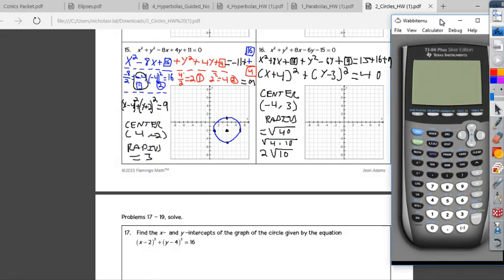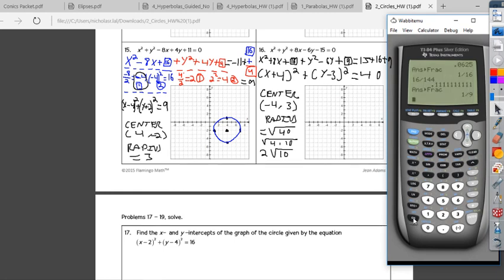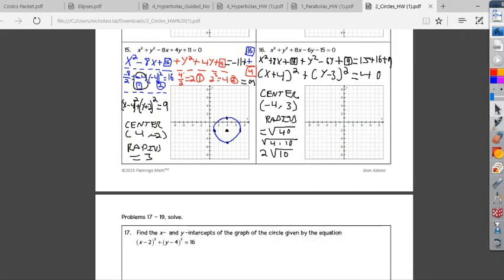What's the square root of 10? Square root of 10 is 3.16, so times 2, it's approximately equal to 6.32.